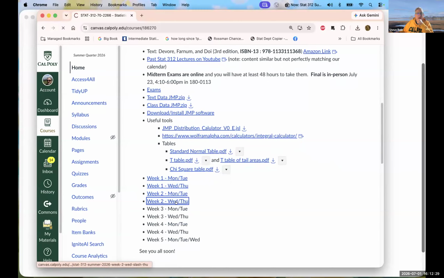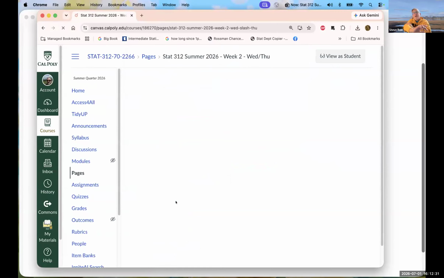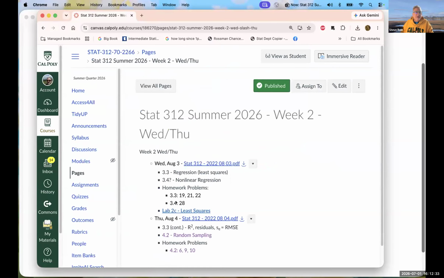While I'm clicking my way into week 2, part C and D, Wednesday, Thursday of week 2, I want to mention I really appreciate one of you volunteering to switch sections because there was a group for whatever reason that became of size 2, and now they are back up to 3.